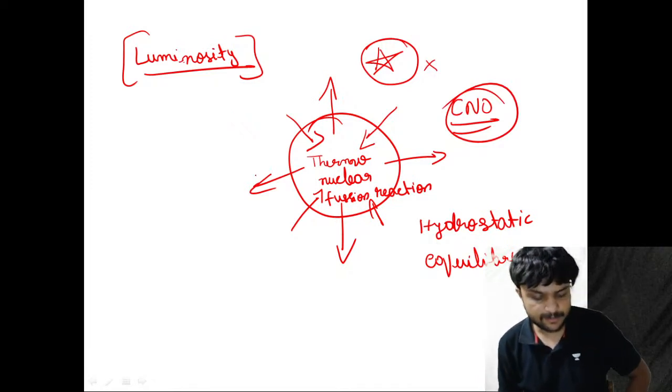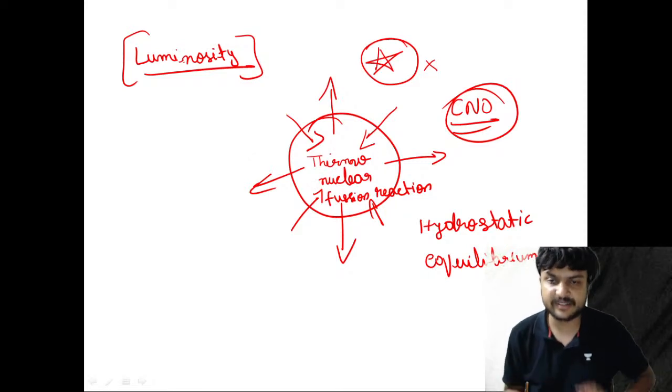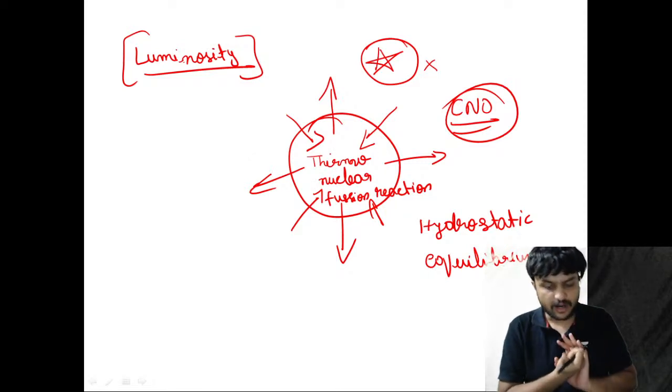So it is the amount of energy passing through the normal of this particular surface, through the normal in unit time.